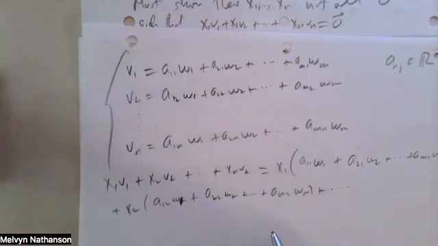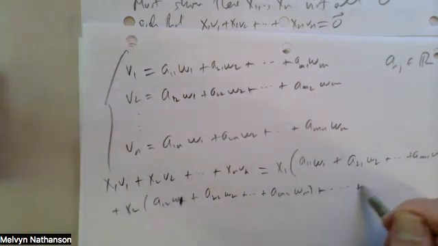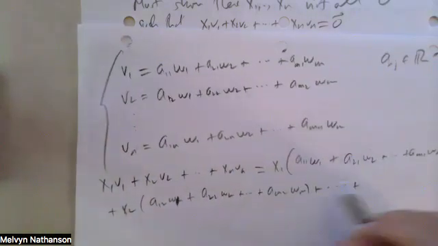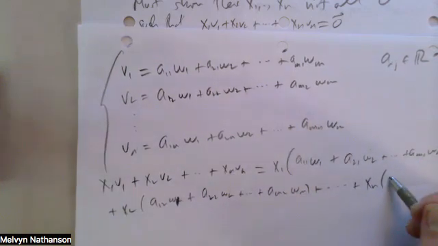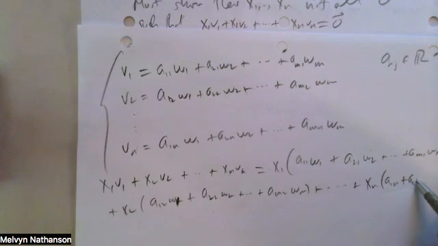All the way up to, you do this for each of the n vectors, the last thing you get is xn vn, which is xn times a1n w1 plus a2n w2 up to amn wm.